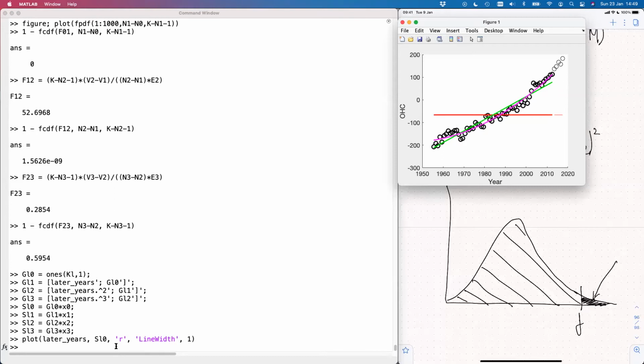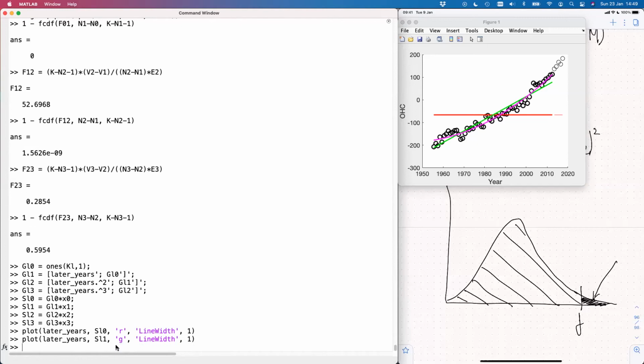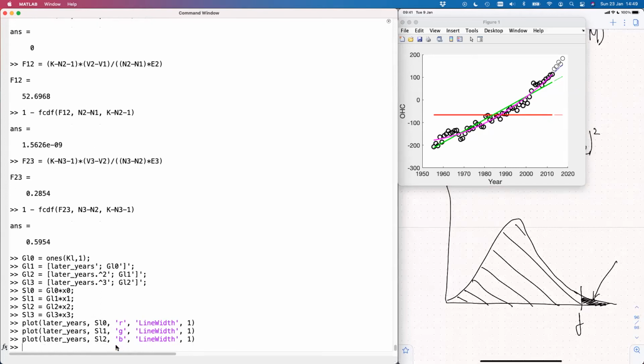And let's do the same for the others. So now I add the linear model in green, the quadratic model in blue, and the cubic model in pink.